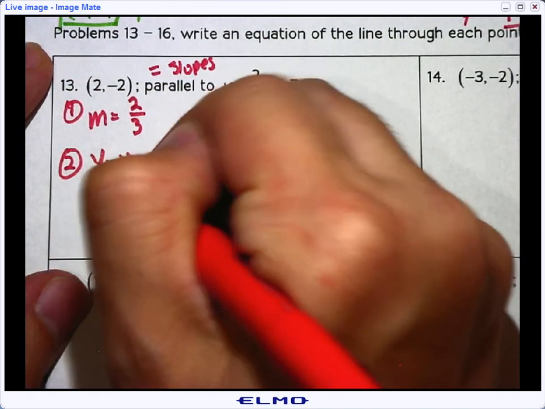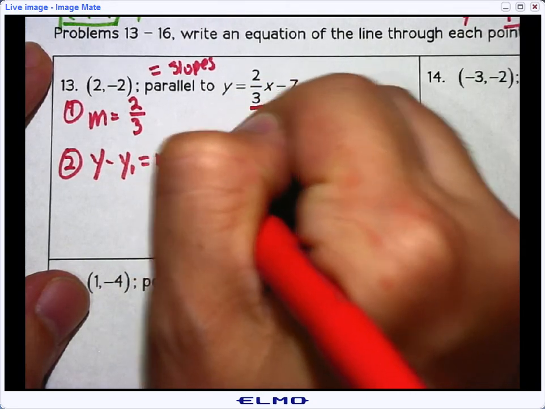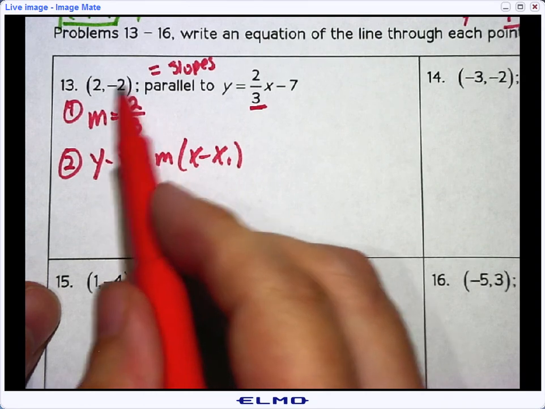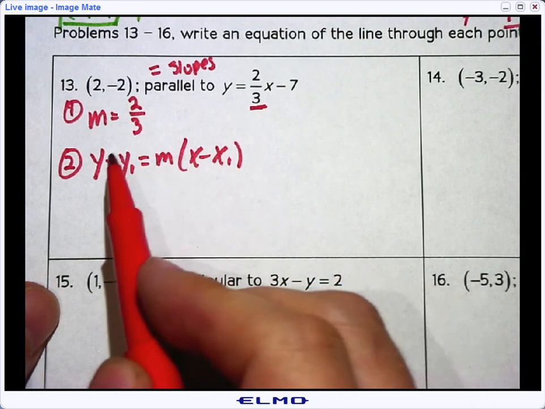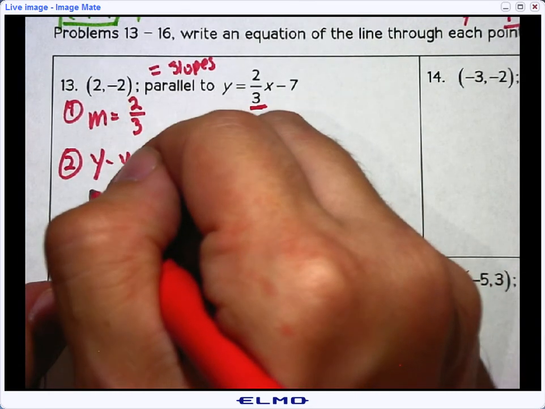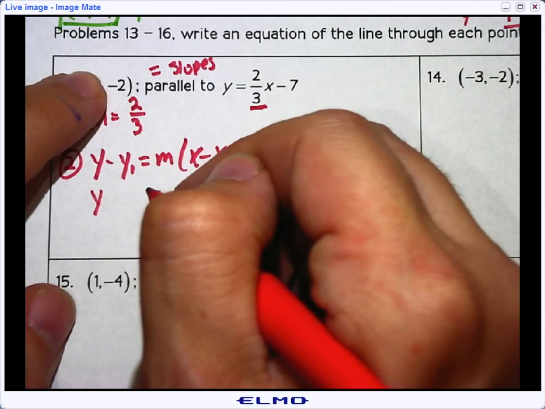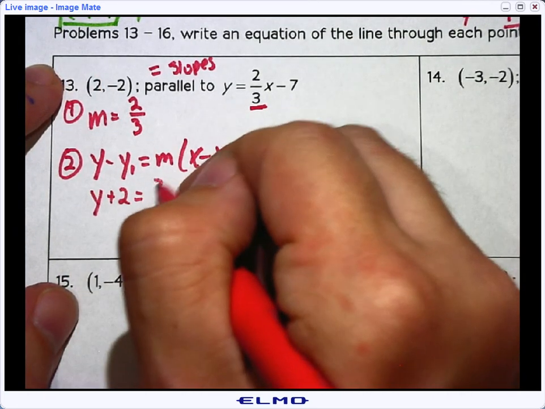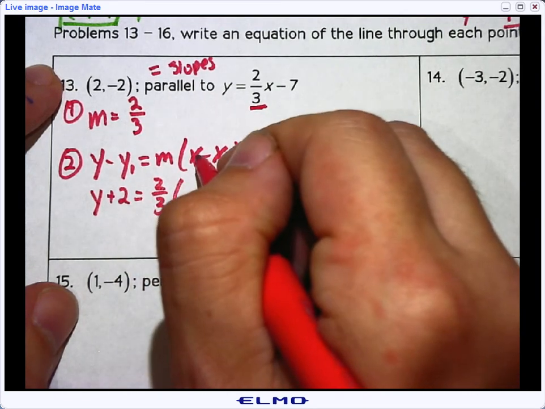So y minus y1 equals m times x minus x1. So taking this information and putting it in the right places here, y minus negative 2 is going to become y plus 2 equals 2/3 x minus 2.